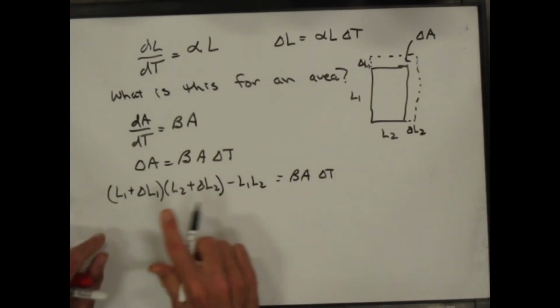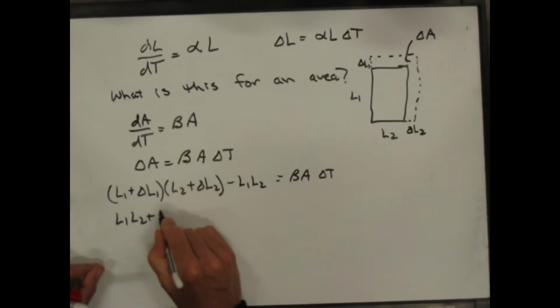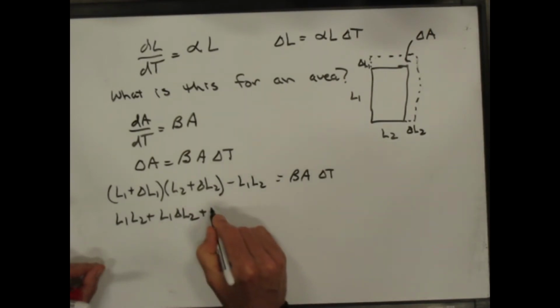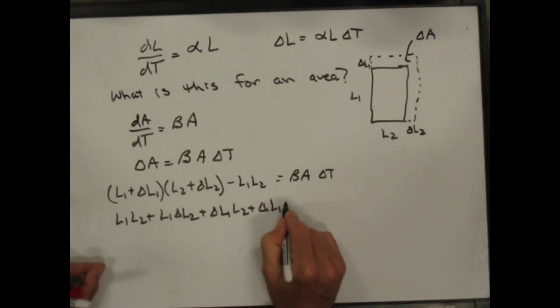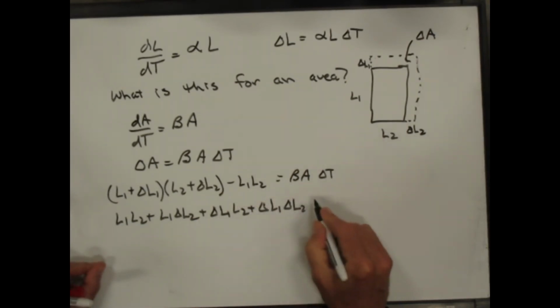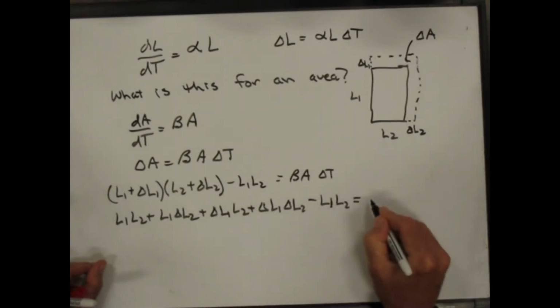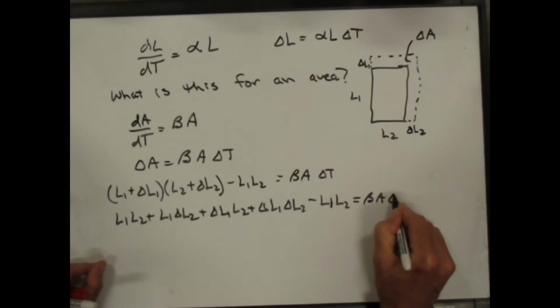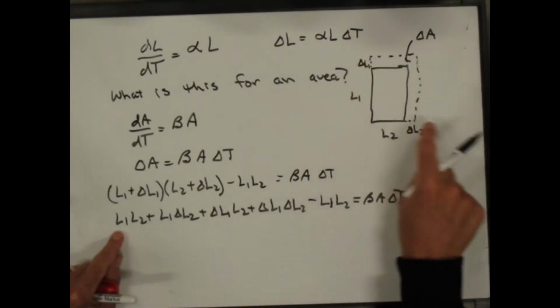And so if you expand this out, this is L1 L2 plus L1 delta L2 plus delta L1 L2 plus delta L1 delta L2 minus L1 L2 is equal to beta A delta T. The L's are just lengths, this length or that length.